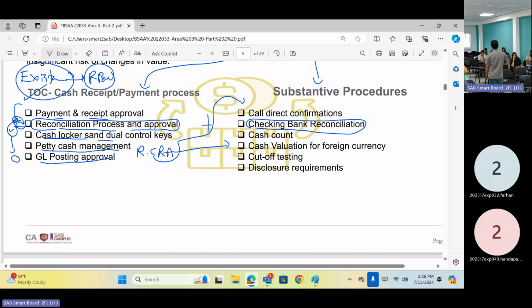Companies play around with cash. Cash is the area where they can commit fraud. Whatever benefit they want to get illegally, they have to get it out from cash.